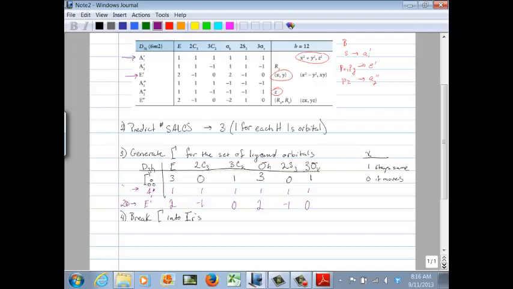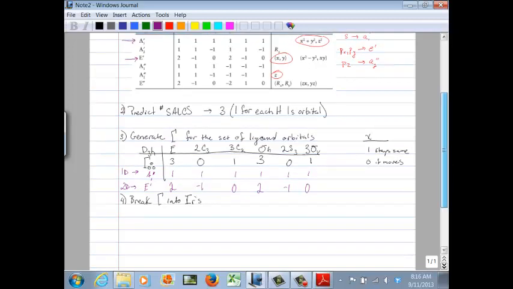So this is 2D and this is 1D. Okay, this E actually counts for two things. So it will give you two different SALCs, and you know that from this 2 under E. So we've already found the symmetries of the 3 SALCs, even though we've only got 2 irreducible representations there. That's something that's tricky to remember sometimes.